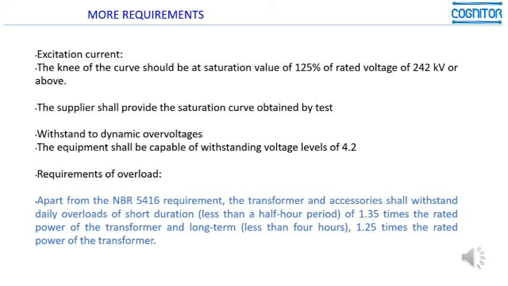Another point here in this slide is the requirement of overloads. Overloads in a transformer occur all the days of the life of a transformer. Most of the transformers are submitted to a kind of cycle in which during the day, during the off-peak hours, the loads are practically every time lower than 100%, something between 60% and 80% of the value of maximum power, the rated power.